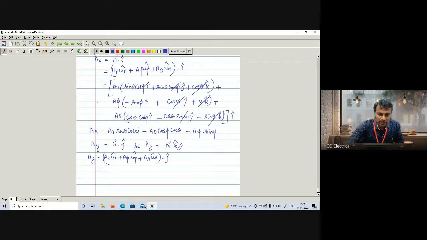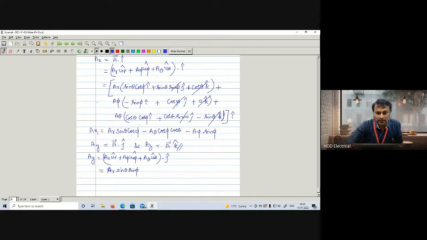That is nothing but AR into sine theta into sine theta into sine phi, plus sine theta into sine phi. Then for A phi, only the J component will come.